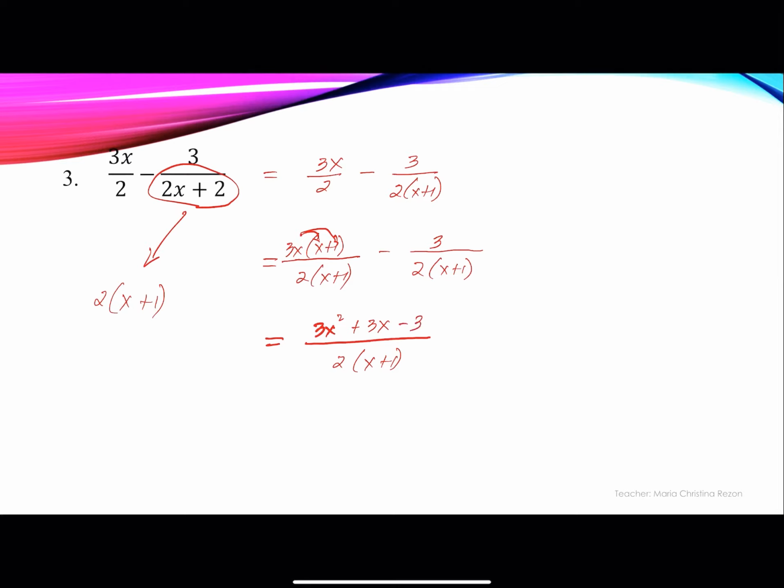You cannot factor it anymore, so this one will be your answer. Or if you want to take out 3, it's okay, but still they are the same. So that's how to add or subtract algebraic fractions.